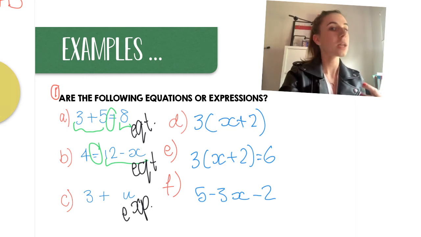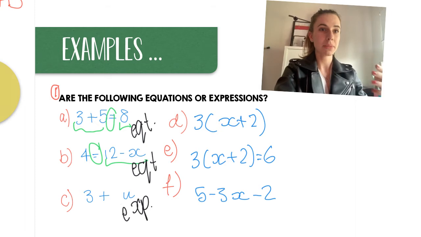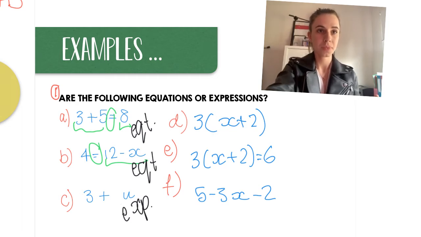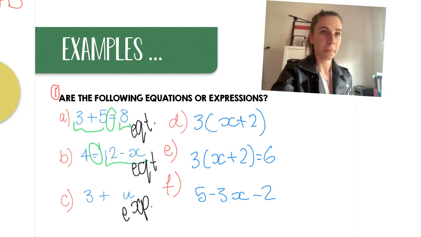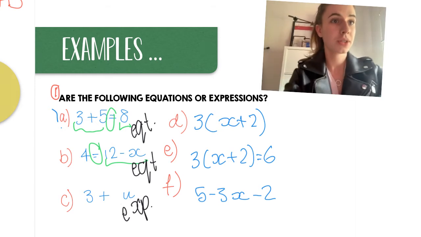Now, if you think you're starting to get a hang of it, why don't you pause the video and see if you can answer part D, E, and F. If you don't quite feel like you can, let's do them together, okay? So, part D, 3 bracket x plus 2. Now, it doesn't have an equal sign, so therefore it's just an expression, okay?